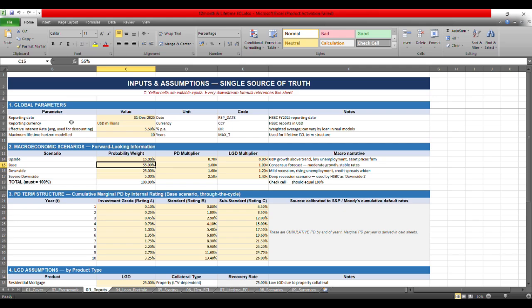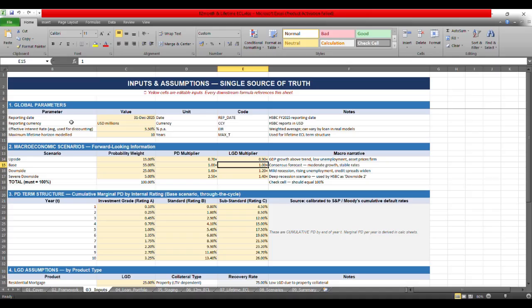So for the upside, I have allocated 15% of the probability, and the rest is the multiplier, which means that the economy does better than expected in the upside case. And this means that PD will drop to 70% of the base and LGD will drop to 90% of the base. For the base case, it is a 55% probability weight allocation, and this is your central forecast.